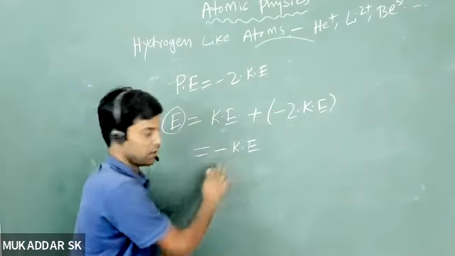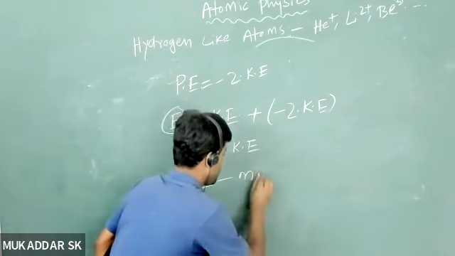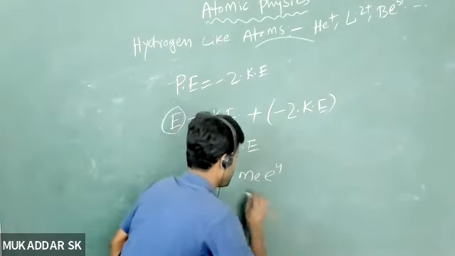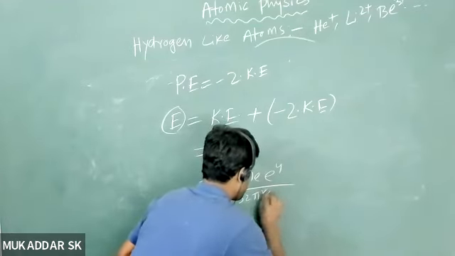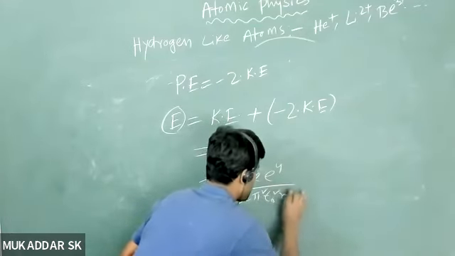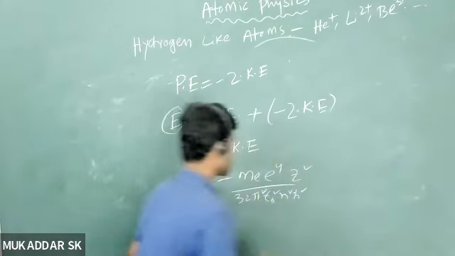Simply minus kinetic energy. And minus kinetic energy means minus m e to the power 4 divided by 32 pi square epsilon naught square n square h cut square into Z square.